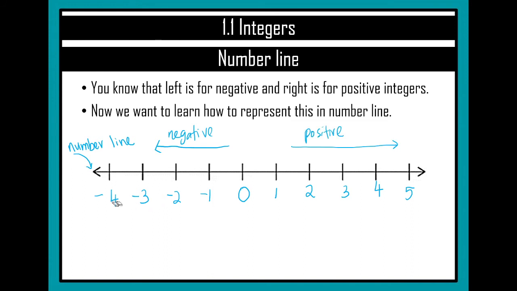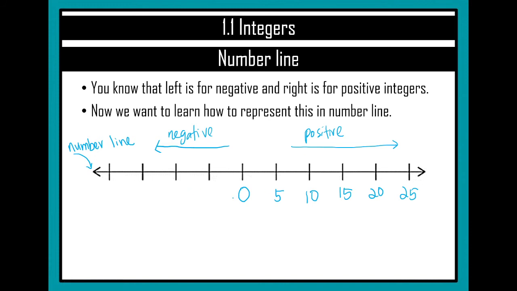Let's look. If this one is 1, what happens if I start with 5? You already learned that the distance between the numbers has to be uniform. So if it's 5, the next one will be 10, 15, 20, 25.